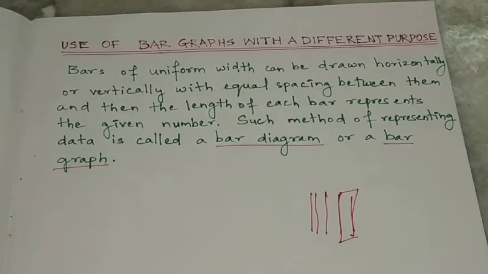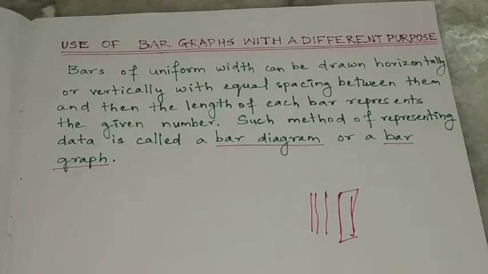We have learnt about representing data in table form, with tally, which we discussed in the last class. Next we learnt about pictographs, where we can also represent data with pictures.